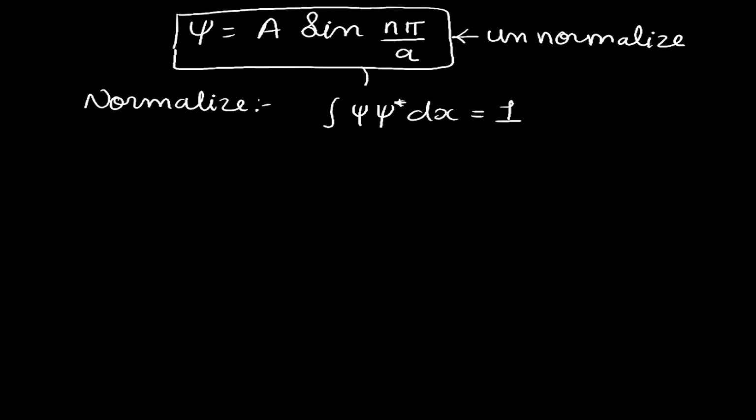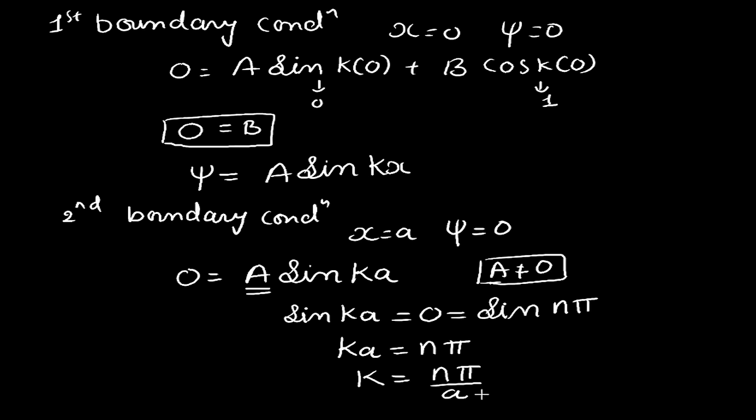We could substitute the value of this wave function in this expression, where psi is the wave function and psi star is its complex conjugate. So over here psi star will also have the same value. So for normalization we will have a sine n pi by a into, so when we substitute n pi by a we have x also.